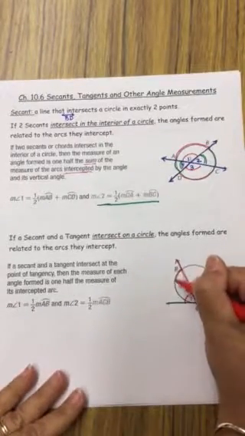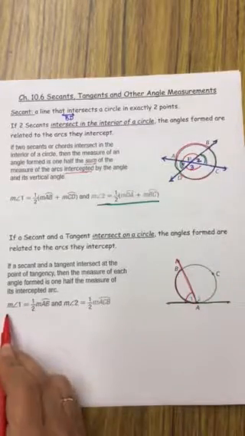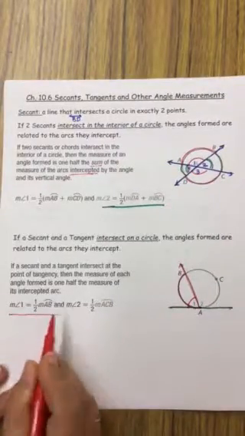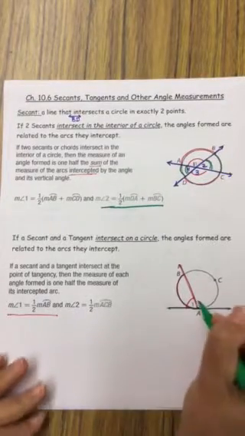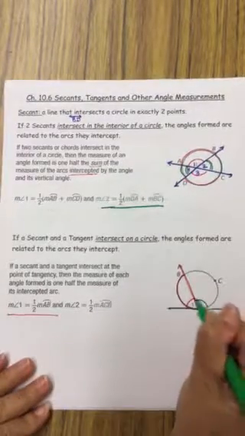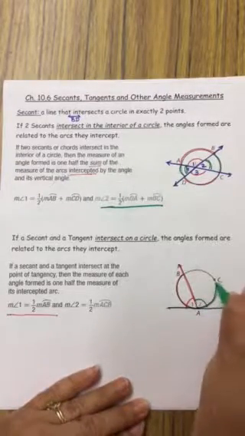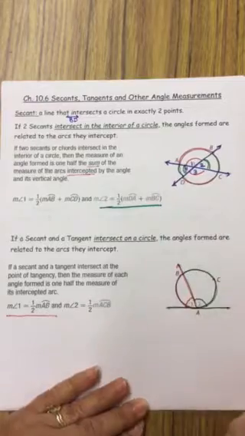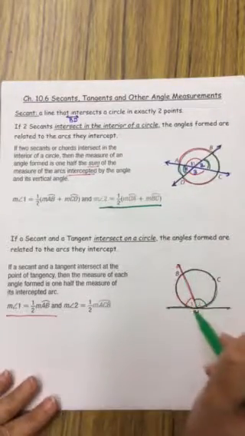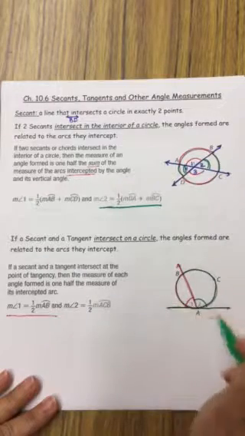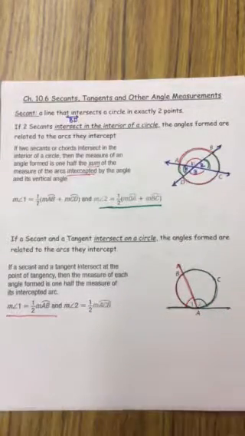So angle 1 has arc AB as its intercepted arc. So angle 1 is equal to 1/2 of AB. Angle 2 is equal to 1/2 arc ACB all the way around. And notice that arc ACB and arc AB complete the circle, so they add up to 360 degrees. Keep that in mind.